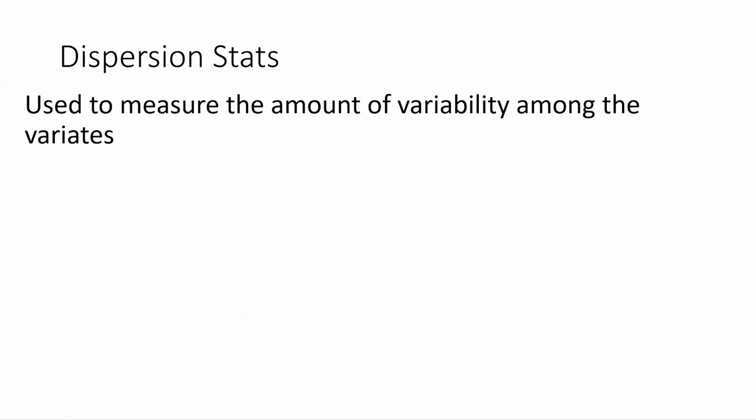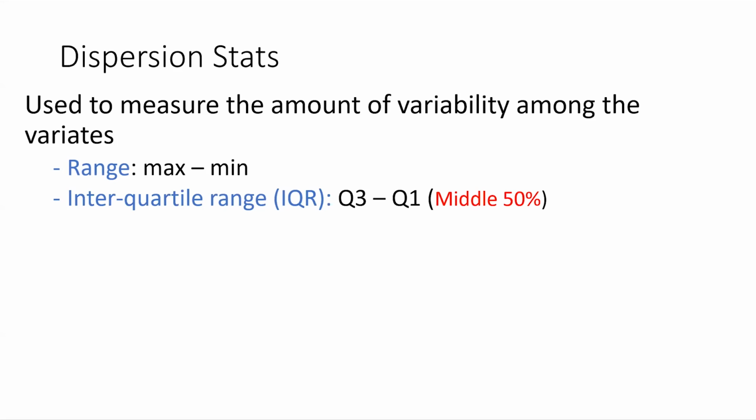Next are the dispersion statistics, and these are used to measure the amount of variability among the variates. So the first one is the range, which is the maximum minus the minimum. It's just the difference, like how much space is there between the maximum value and the minimum value. There's the interquartile range, or IQR, which is Q3 minus Q1.